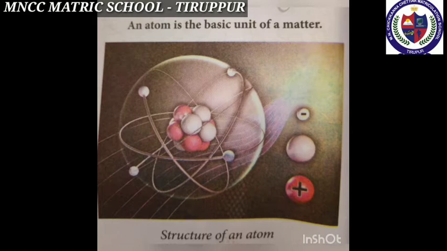If we break that carbon atom apart, then it will no longer exhibit the property of carbon. The smallest unit of an element that exhibits the property of the element is called an atom. Water, rice, in short everything we see around us is made up of atoms.